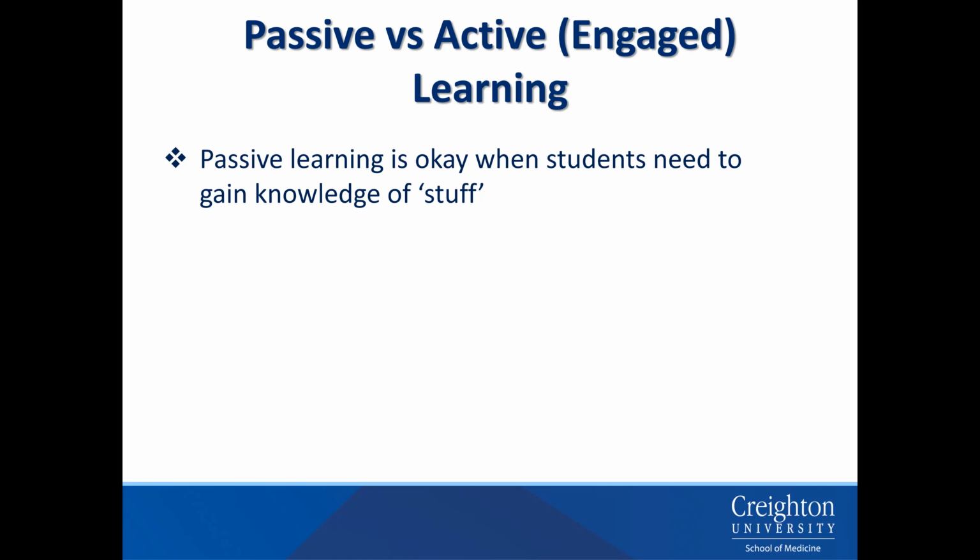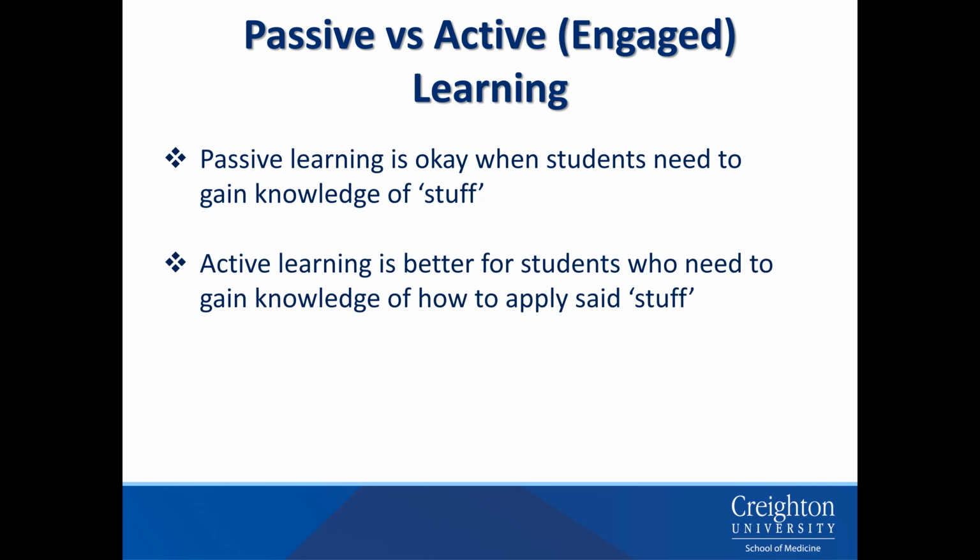I would consider that stuff because they don't make sense. You can't contextualize them unless you're in a clinical scenario, but you need to know the names. You can't understand the name and take, say, the humerus, someplace else and apply that name to something. So that would be stuff. So passive learning is okay. It's going to require rote memorization.